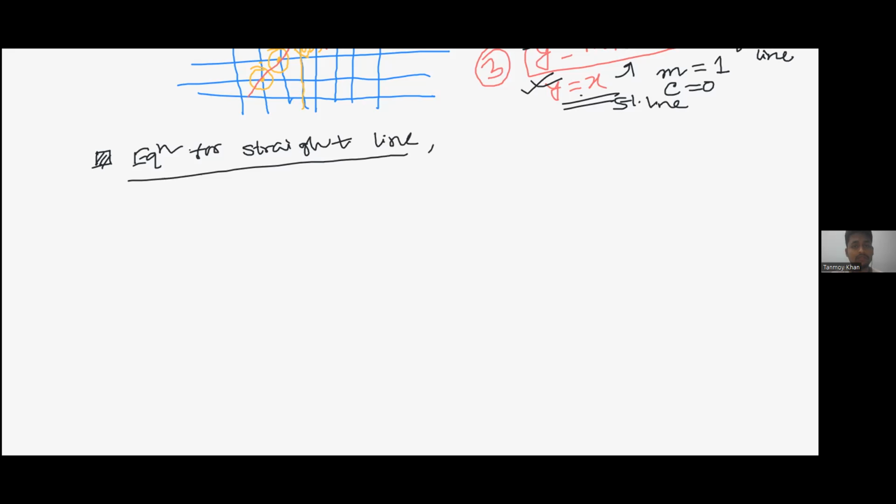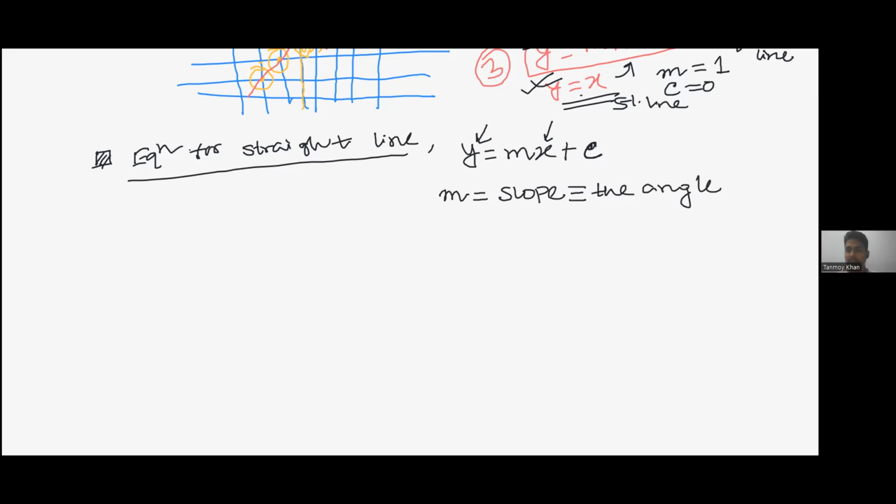What I said: y equals mx plus c. This is the y. So y is the dependent variable, x is the independent variable, and this looks like a straight line. This is an equation of a straight line where m is nothing but the slope. What does that mean? Slope means the angle.